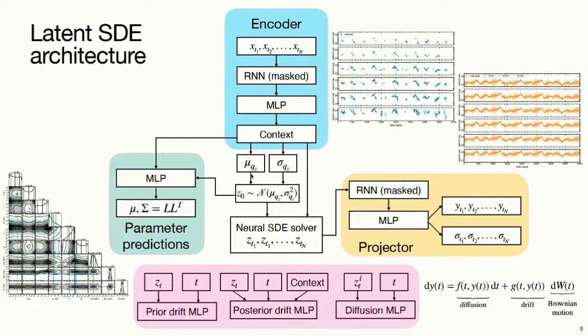Then we predict the mean and standard deviation of our latent space. This is the latent part of our latent SDE, which we can sample from, which is our SDE solver. Then we project that to a mean and standard deviation for the output space to best reconstruct the light curve. At the same time, we can predict the full posterior distribution for the parameters of interest.